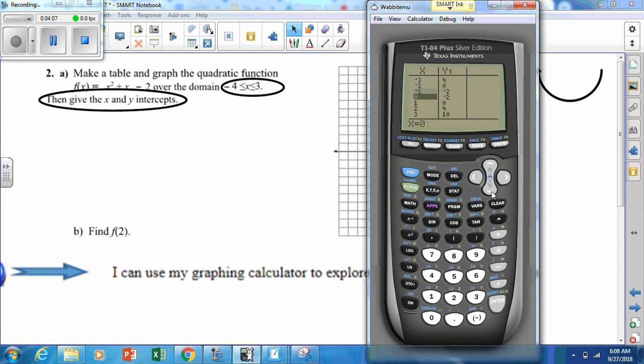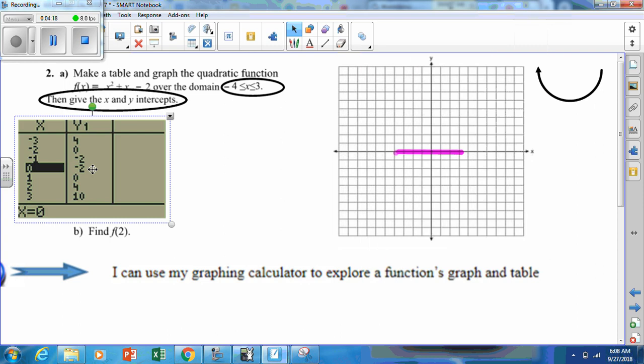So I'm going to drag it and put it over here. I'm looking for a minimum of 3 to 5 points, guys. So let's start with our minimum value. According to this, my minimum value is going to be at -1, -2, and at 0, -2.